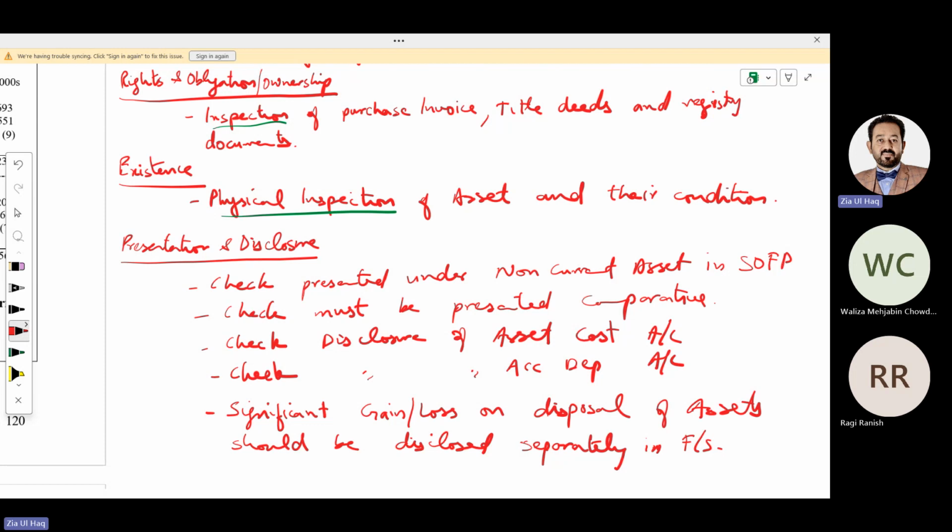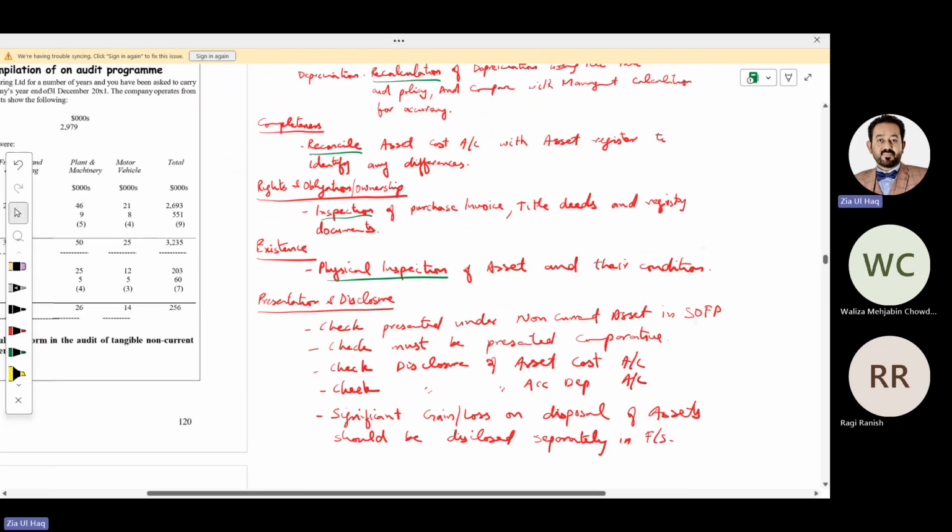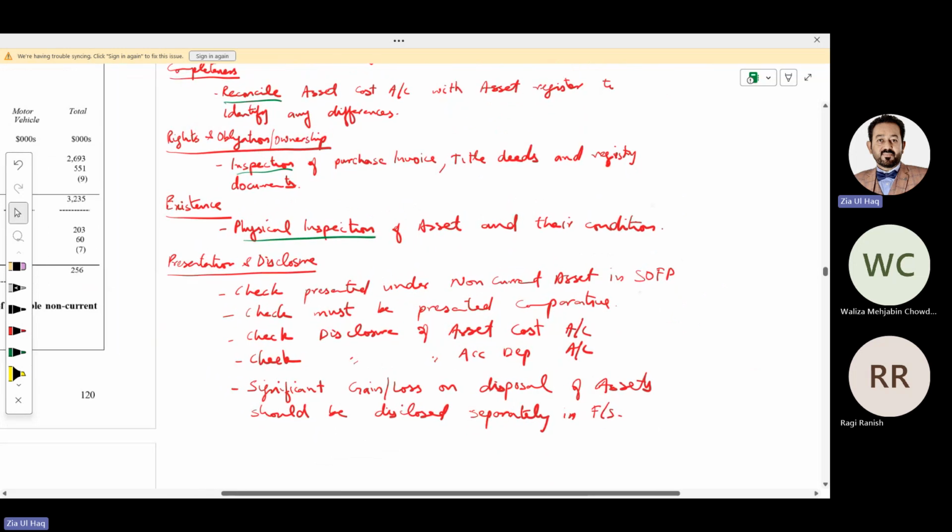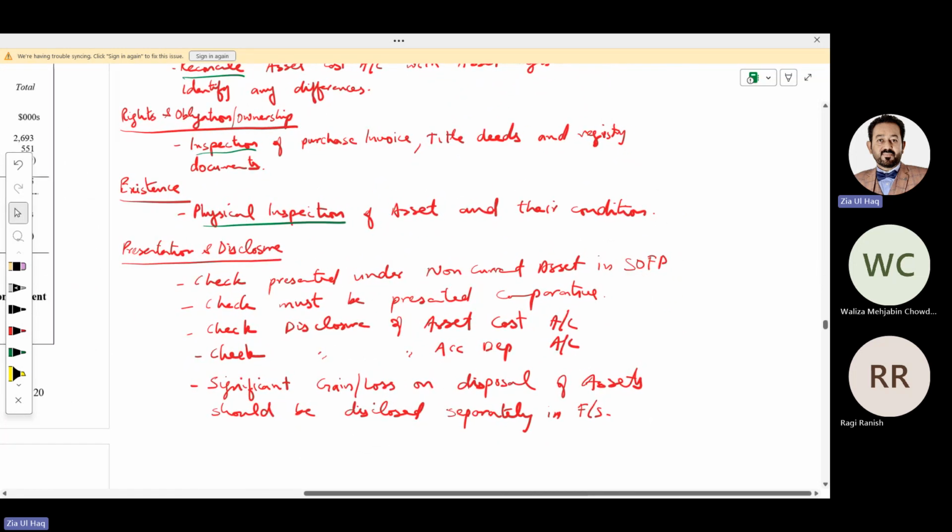So there are 5 procedures to verify the first 4 assertions and 5 procedures to verify presentation and disclosures. Can you understand this?